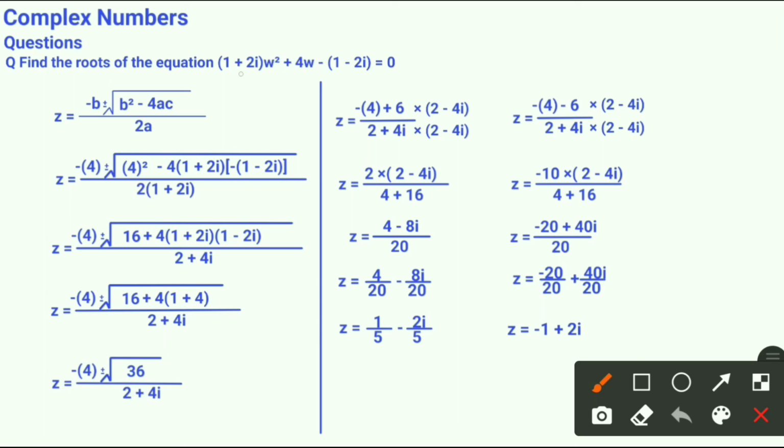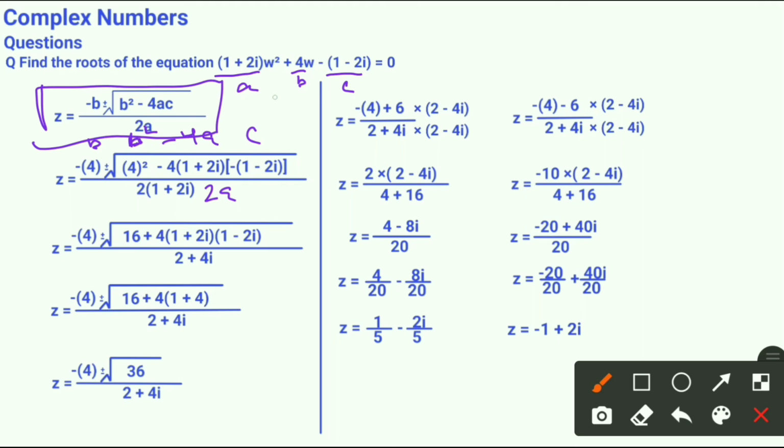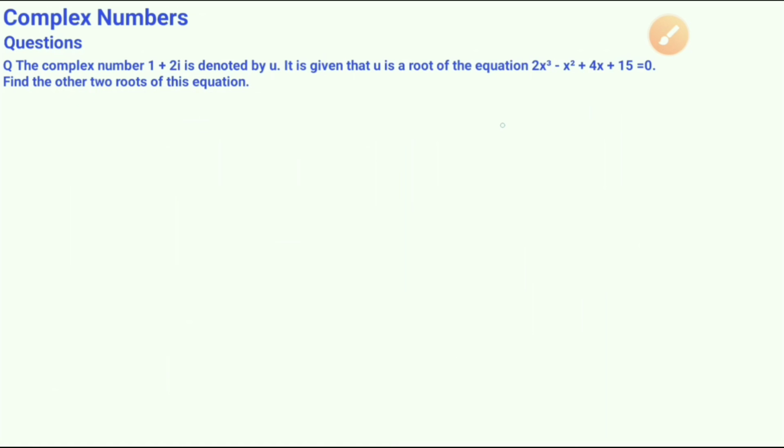So what we have done here: this is a, this is b, and this is c. Minus b plus or minus the square root of b squared minus 4ac, upon 2a. So we have used the quadratic formula. Then we put these values into the equation, and after doing all of this, we get the values.